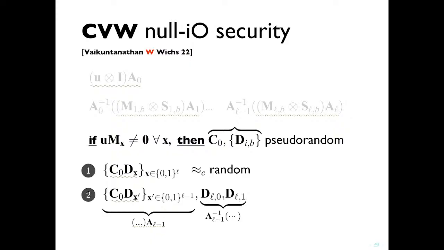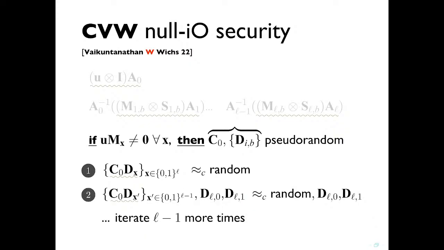These are Gaussian pre-images of A sub L minus 1, so you can apply the evasive RWA assumption with the matrix A sub L minus 1. The precondition corresponds to what we already proved in the previous bullet, and then by the evasive RWA assumption, this is also pseudo-random. Then you just keep peeling back, iterating this argument L minus 1 times, and you get that this thing is pseudo-random. So you're able to replace C0 with a random value.